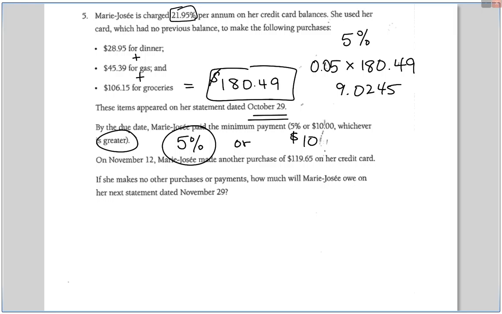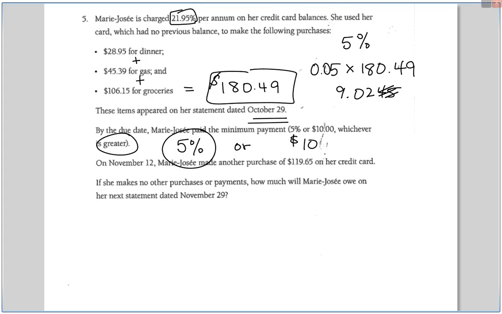So we're smarter than the calculator. How many dollars and cents? 9.02, right? We're going to round down. So which do you pay, the 5% or the $10? Your minimum payment is $10.